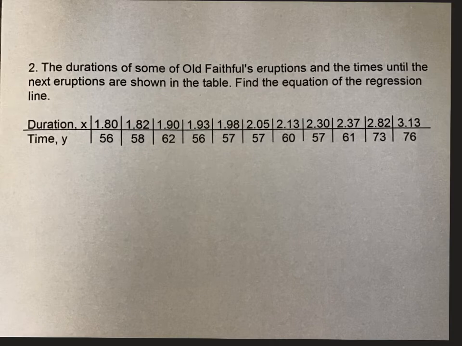Okay, so I'm going to go ahead and jot down what all my sums were. The sum of x was 24.23. The sum of my y's, 673. The sum of x times y, 1,509.16.